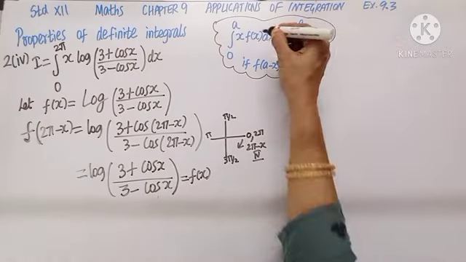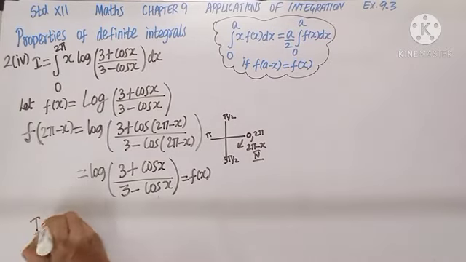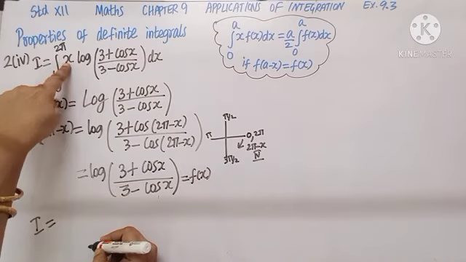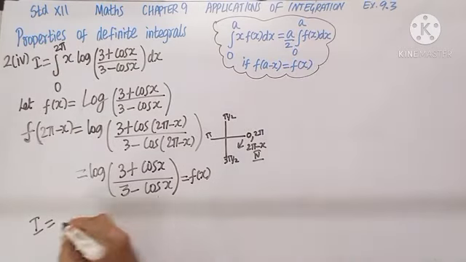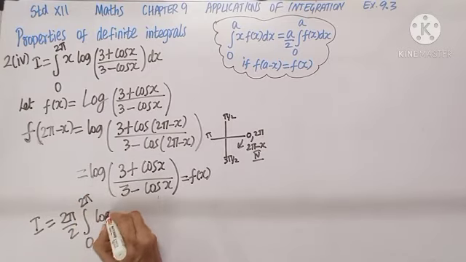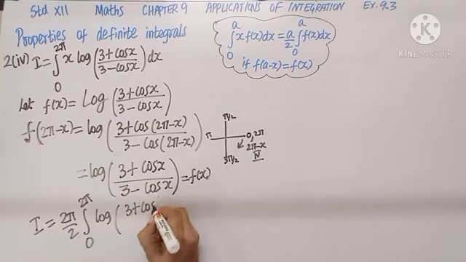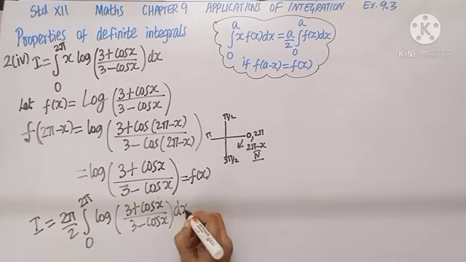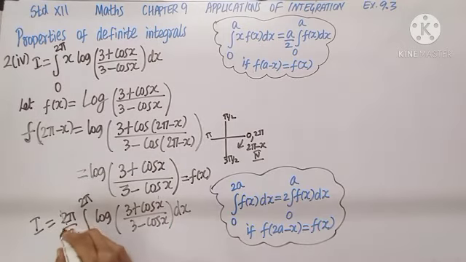So, I can use the formula I equals, instead of x, I will write a by 2, 2 pi by 2 integral 0 to 2 pi of f of x, that is log of 3 plus cos x by 3 minus cos x dx. As we cancel 2 and 2, 0 to 2 pi can still be simplified with another property of definite integral.